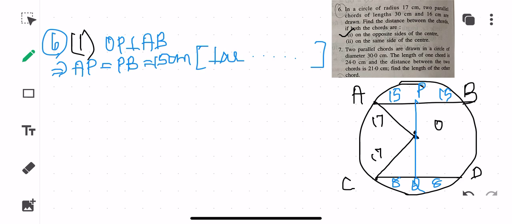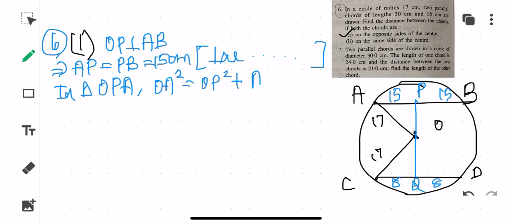Okay, now next thing you will be writing, in triangle OPA, OA square is equal to OP square plus AP square, and this is by what, children? You will be writing by Pythagoras theorem. Okay, so how much is OA square, children? This is equal to 17 square is equal to OP square plus 15 square. OP is what you have to find out.